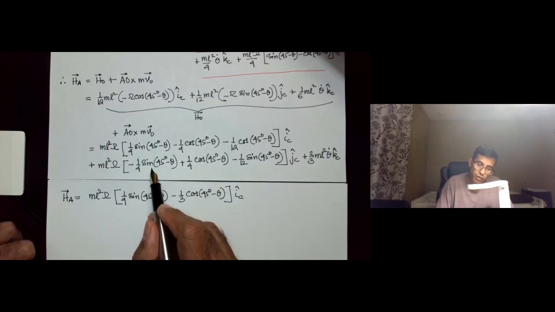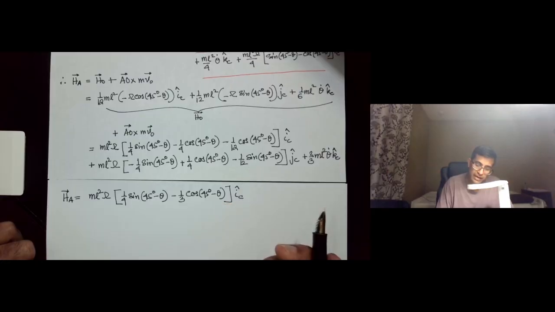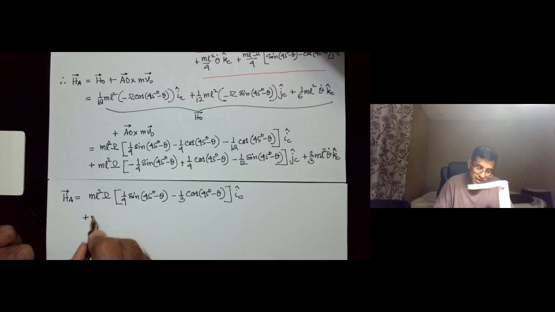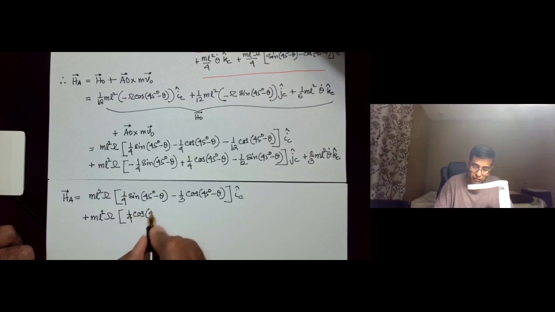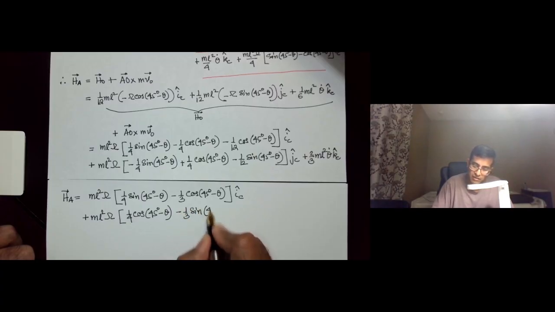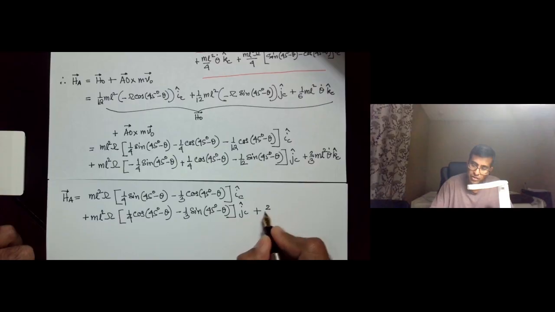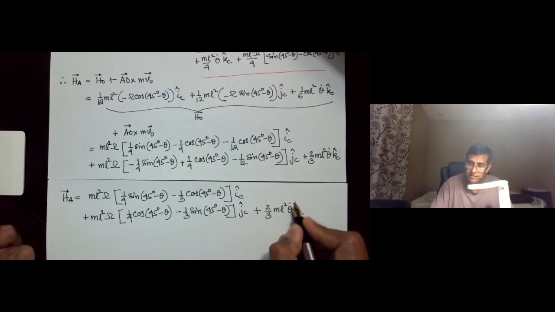Here we have again a 1/4 and 1/12. They get added to give us 1/3. So we will have plus ml squared capital omega times 1/4 cosine of 45 degrees minus theta minus 1/3 of sine of 45 degrees minus theta. That's in the JC direction, and then we'll have 2/3 of ml squared theta dot kc.